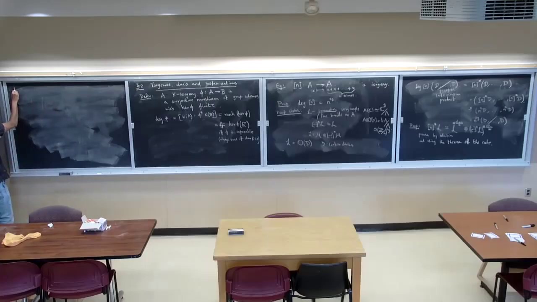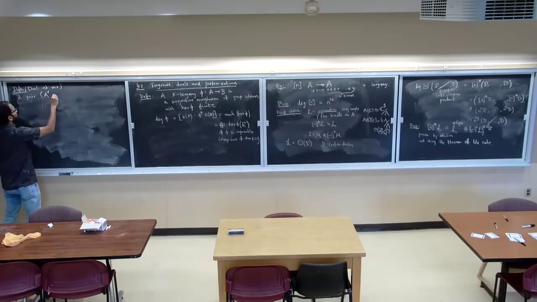Now we will define the dual abelian variety. So if you have a pair, A dual, this is going to be the dual abelian variety, and this is going to be a line bundle on A cross A dual. It's called the Poincare line bundle. And then we will define this using some universal property.